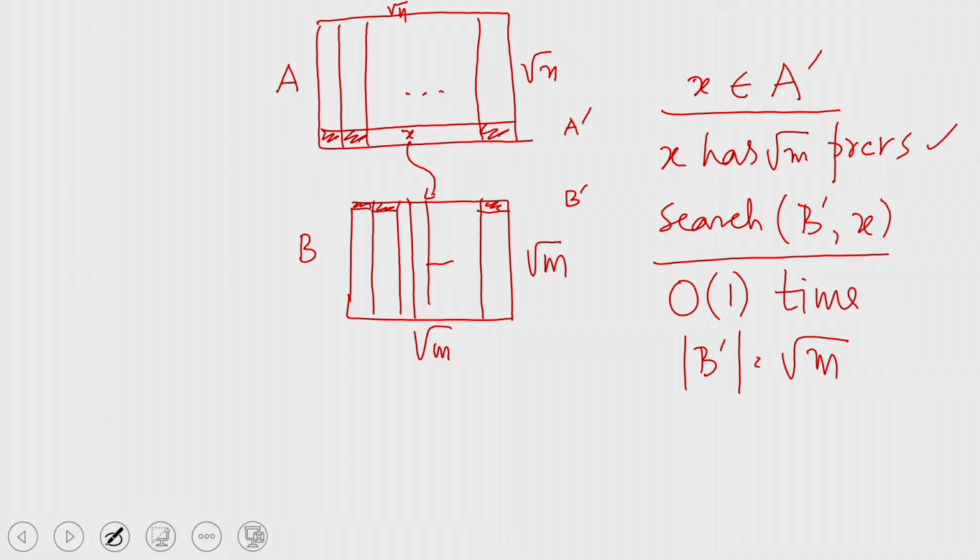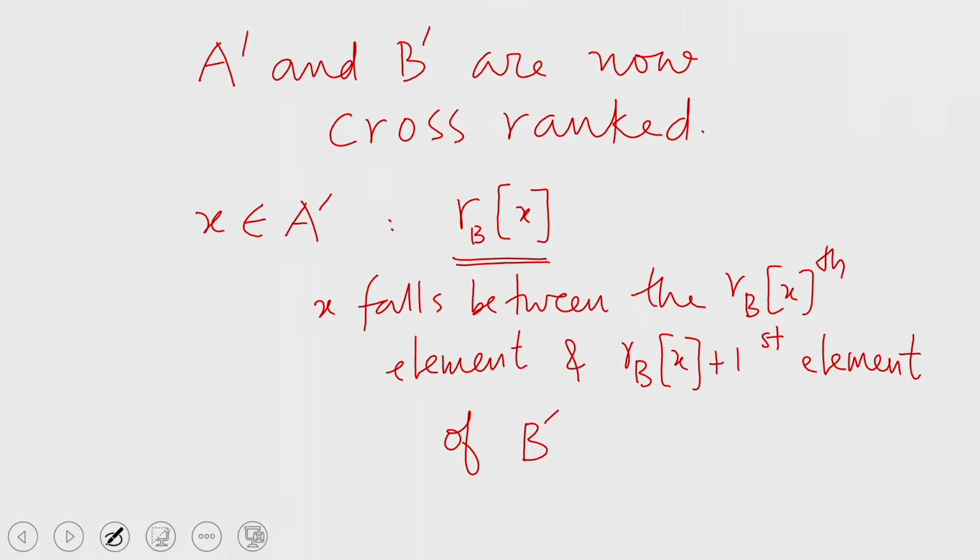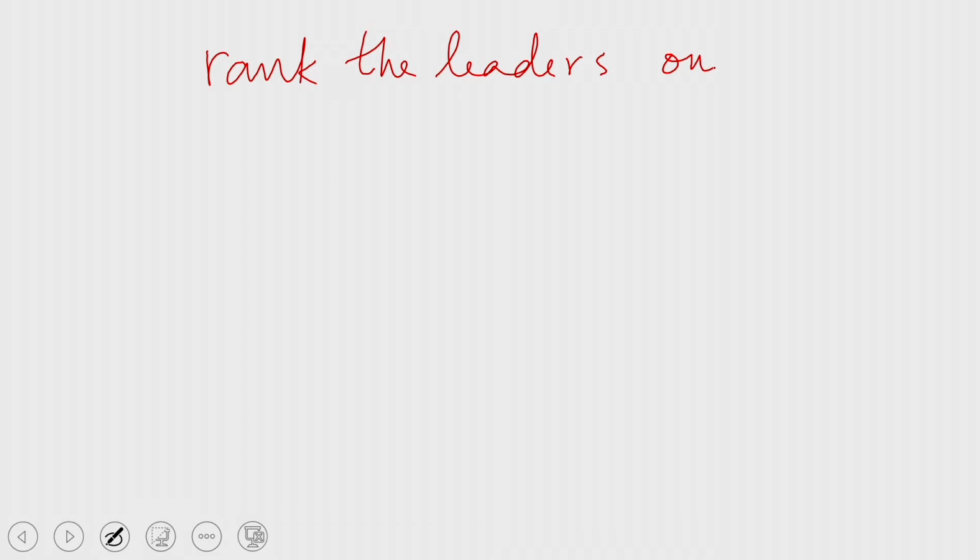Similarly, every element on the B side has found the column on the A side in which it belongs. Now, the next step is to rank the leaders in the array on the other side.